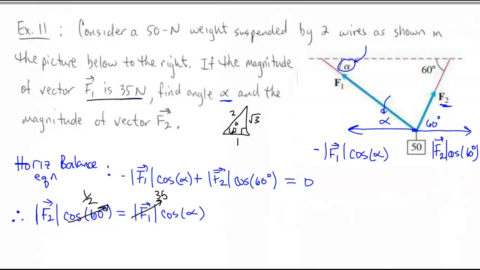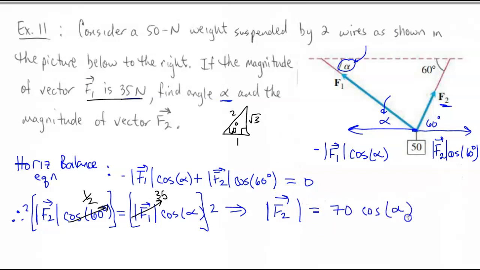So working that out now, if we multiply both sides of this particular equation by 2, then what I would essentially get here is that the magnitude of force F2 is going to be equal to 70 times cosine of alpha.